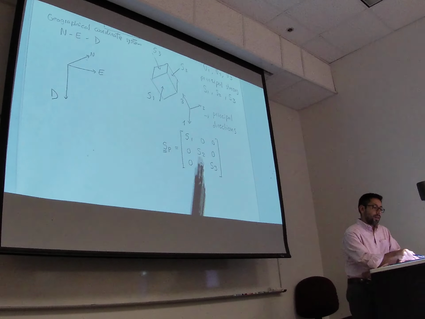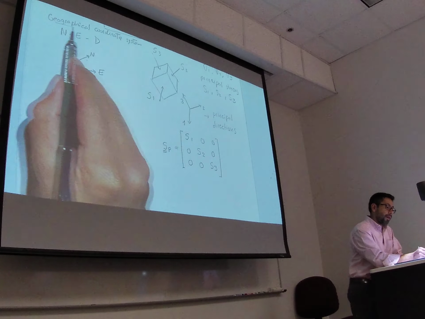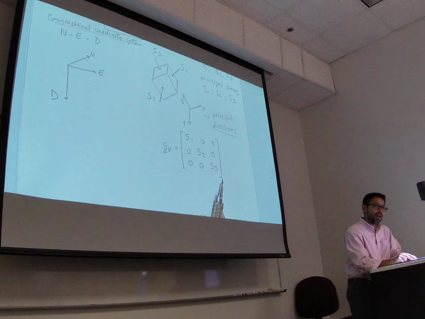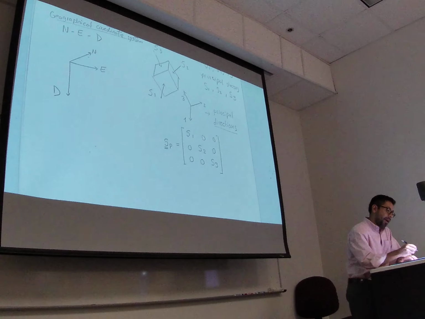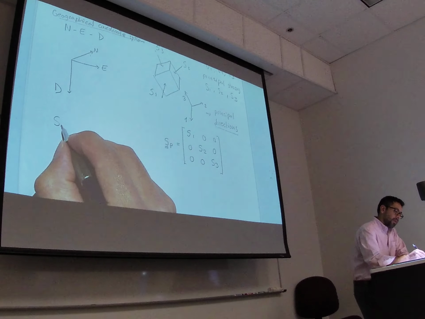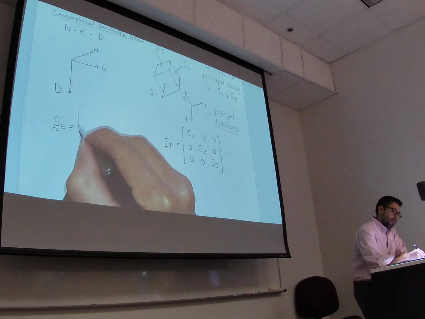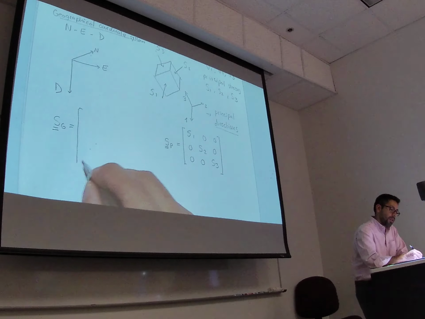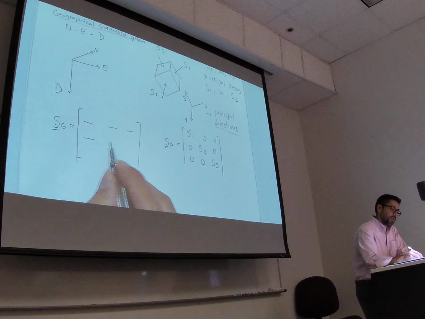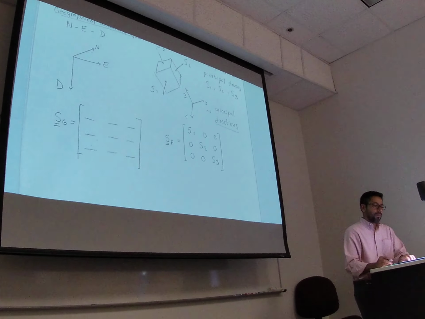When I write this tensor in the geographical coordinate system, now the elements are not going to be 0 in the off diagonal. I'm going to call that tensor SG. And in general, as I said before, I'm going to have numbers here that are not necessarily equal to 0.